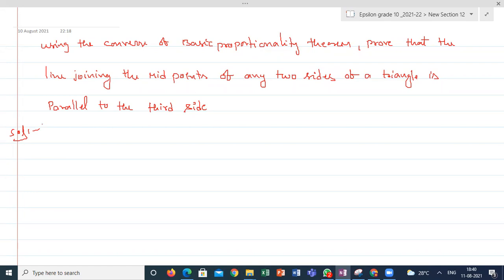It's a very simple question. What is it saying? Using the converse of the basic proportionality theorem, prove that the line joining the midpoints of any two sides is parallel to the third side. Suppose I am taking a triangle ABC, and D and E are the midpoints of AB and AC.